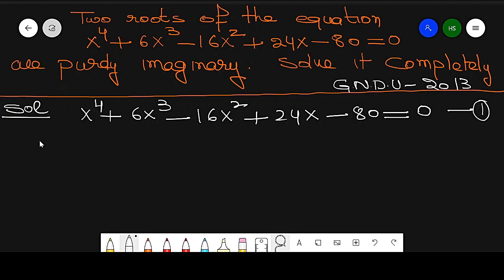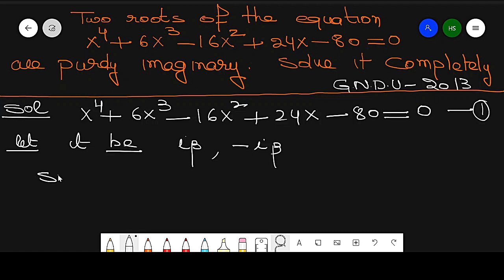Now given two roots are purely imaginary, so it means, let it be, one is iota beta, purely imaginary, and the second is minus iota beta, because they will exist in conjugate pair.